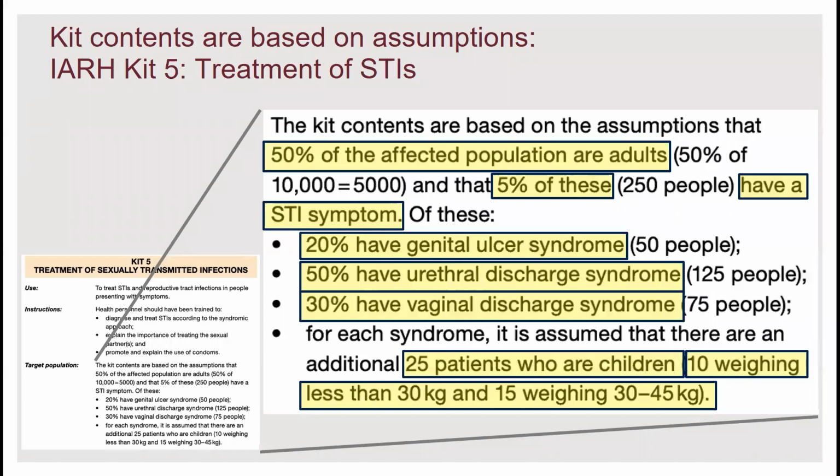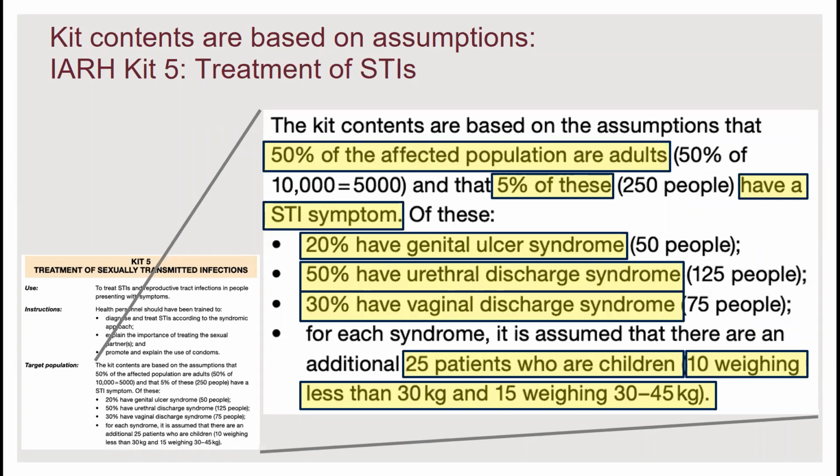One of the first things we have to keep in mind is that the contents of each kit are based on a certain number of assumptions. Here is an example we saw earlier for the STI treatment kit for IARH, kit number 5. We can see that there are no fewer than 8 assumptions made related to STI treatments, including the number of patients afflicted by each condition.